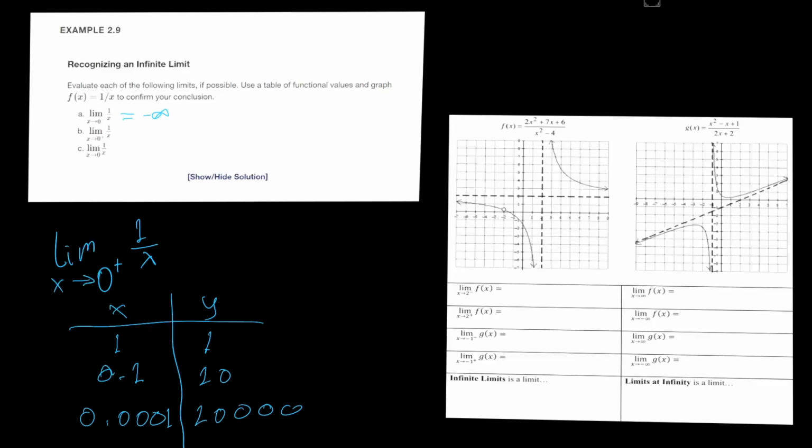So it's the same thing. As x gets closer and closer to 0 from the right side, y keeps getting larger and larger and approaches infinity. So instead of negative infinity, from the right side it approaches infinity.